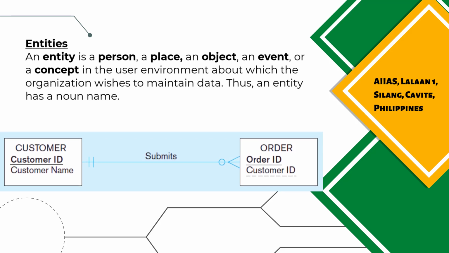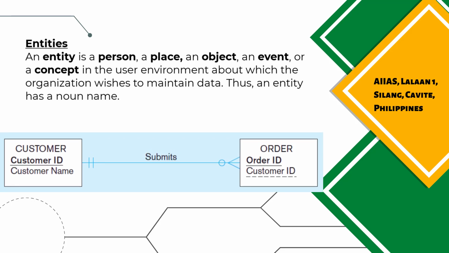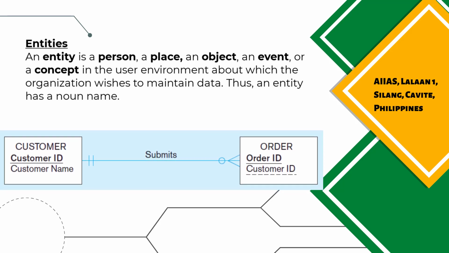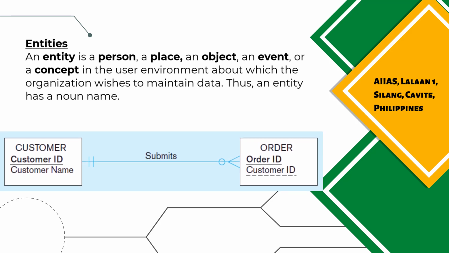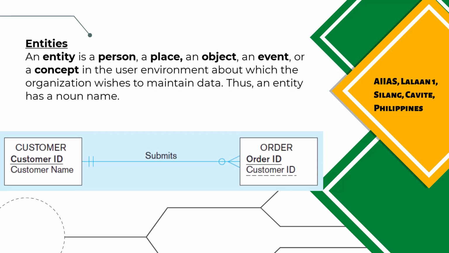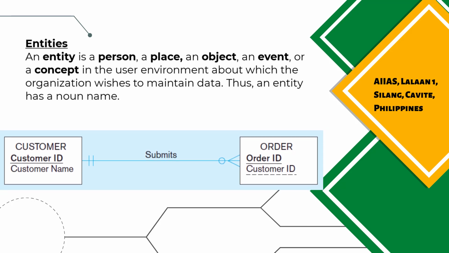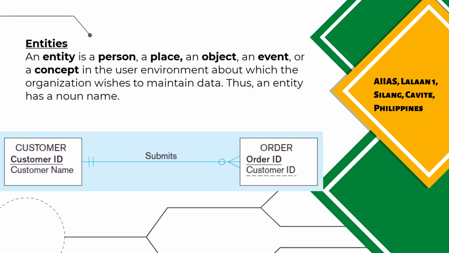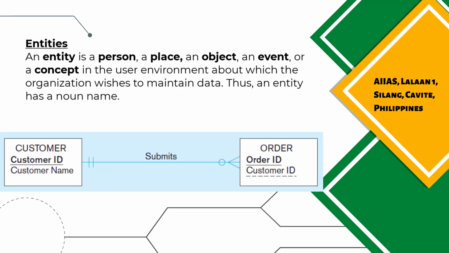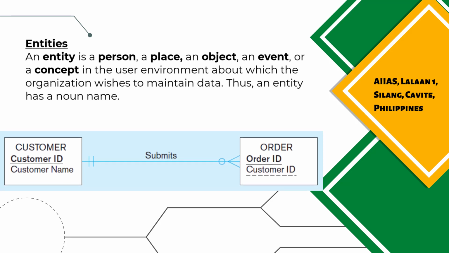A customer is an entity because it is an object of interest to the organization such as Lazada, Shopee, or Amazon. Another entity here is order. This is also important to these organizations because it is an event, and the organization wishes to maintain data. So, that is an example of an entity.